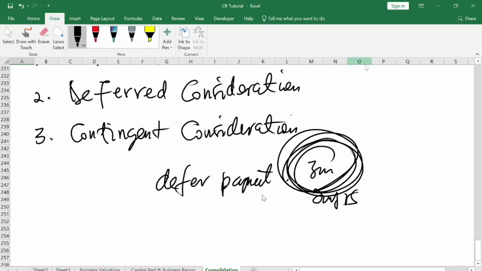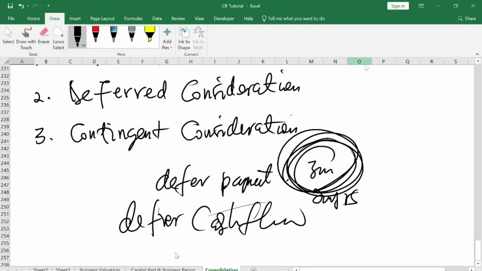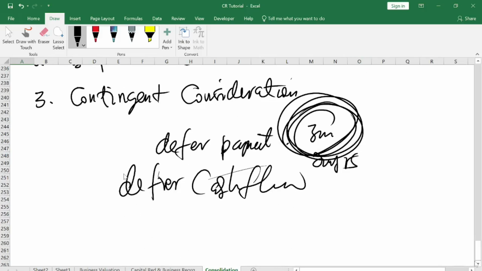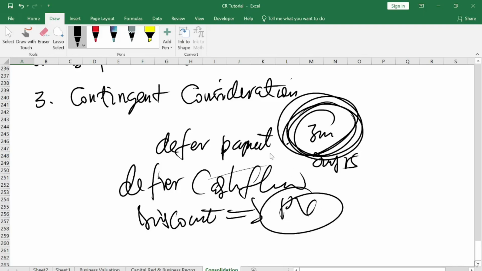We know that in accounting, whenever there's any deferred cash flow, you discount it. Listen very carefully. You discount it to the present value.